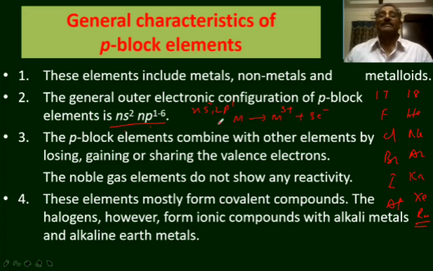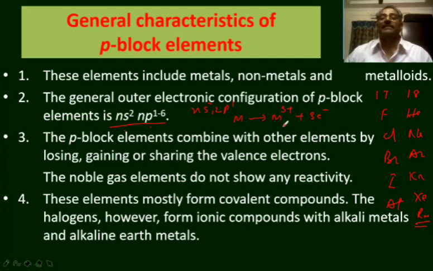The elements belonging to 14th, 15th, 16th, 17th groups form mostly covalent compounds. The reason is their less electropositive nature. These elements have a lesser tendency of losing electrons compared to s block elements. So usually these form covalent compounds.